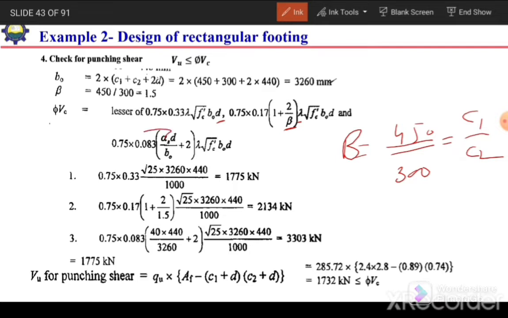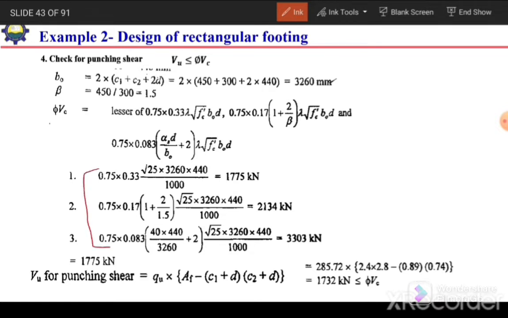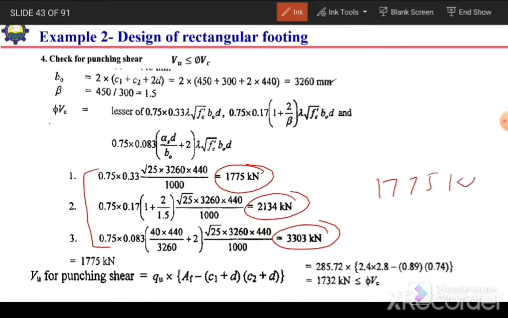And we need this alpha, and its value is 40 for interior columns, and the remaining factors are the same. So we can substitute these values to evaluate these three equations to get the shear capacity of the footing concrete. The lesser of these three is 75 kilonewton, so this will be the shear capacity of the footing concrete.